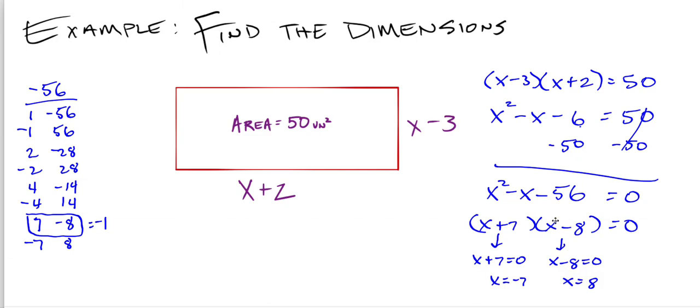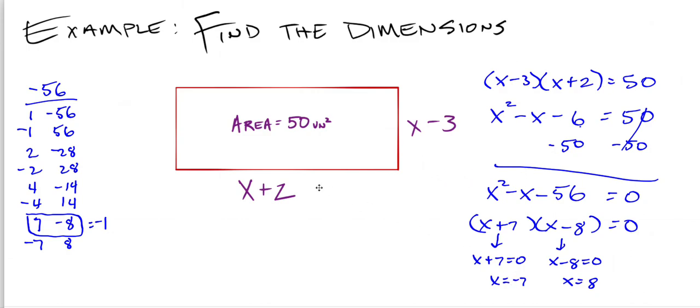I've got 2 answers here, but obviously one of them doesn't make sense. Plug them both in and see if they work. They're both going to technically work. What you're saying is correct.